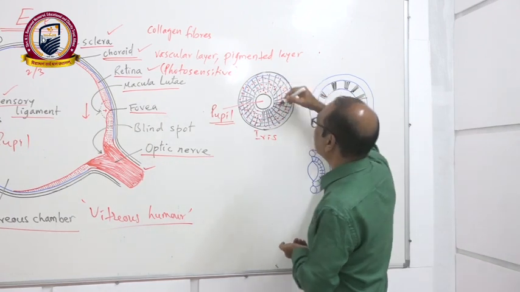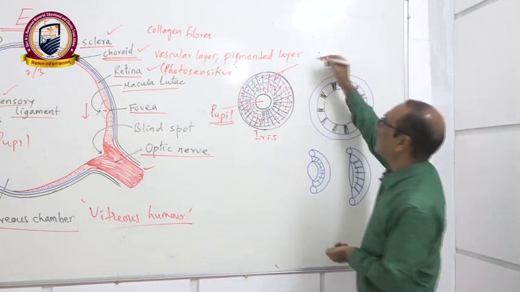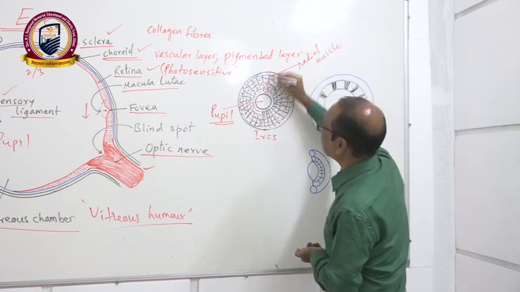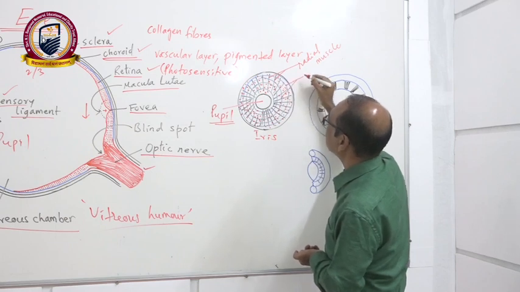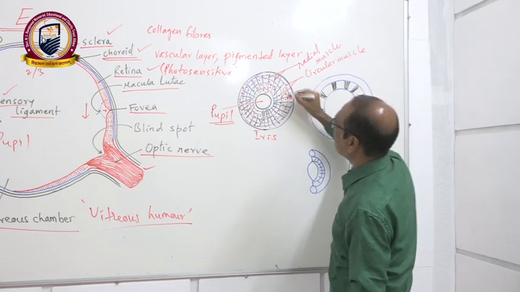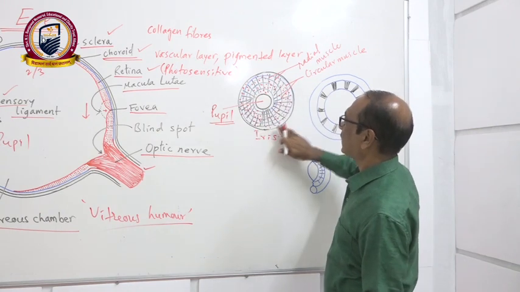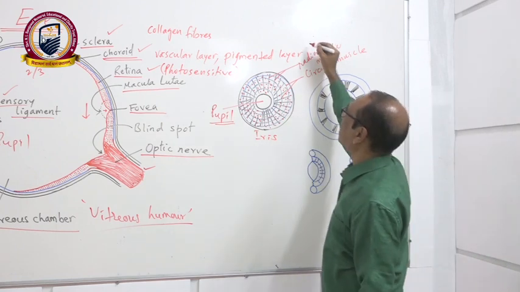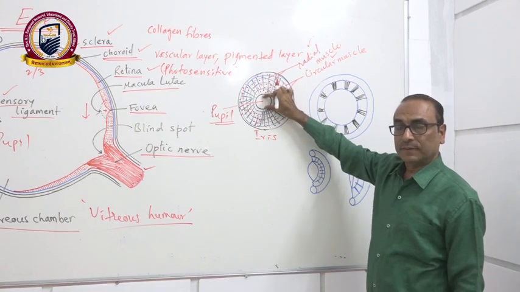Now if you look at the structure of the iris, inside the iris we have two types of smooth muscles. Radial muscles, which are arranged in radiating fashion, and circular muscles in the form of rings around the pupil, extending up to the extent of the iris, right?